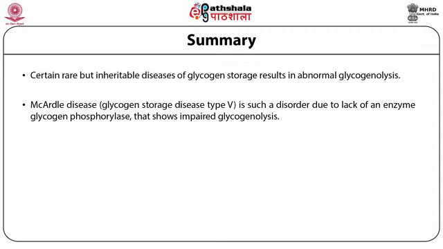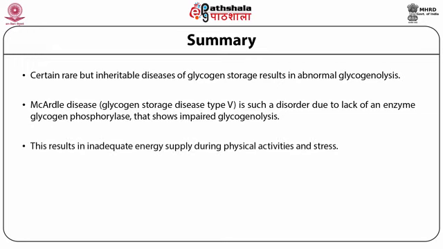Here the glycogen phosphorylase is not present, so in a patient with McArdle disease, glycogenolysis is disturbed. It results in inadequate energy supply during physical activities and stress.